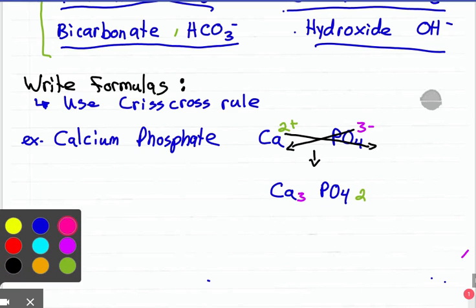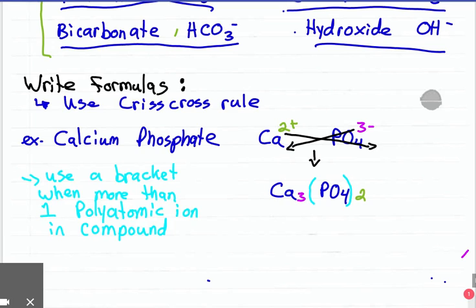What we have to do is indicate that the 2 belongs to the phosphate as a whole. So we put a bracket right around the polyatomic. Okay, so just make a little note that when you have more than one in the compound, you use a bracket to indicate that there's 2 of everything inside the bracket.